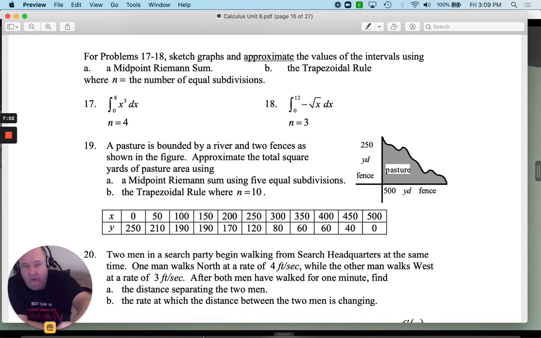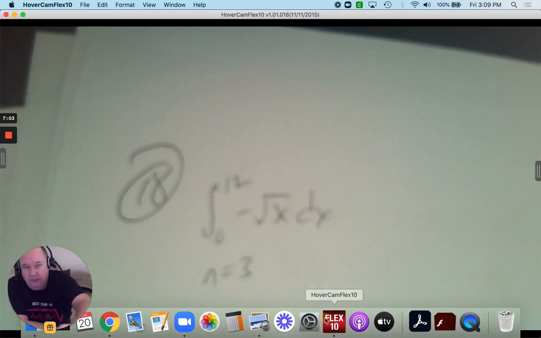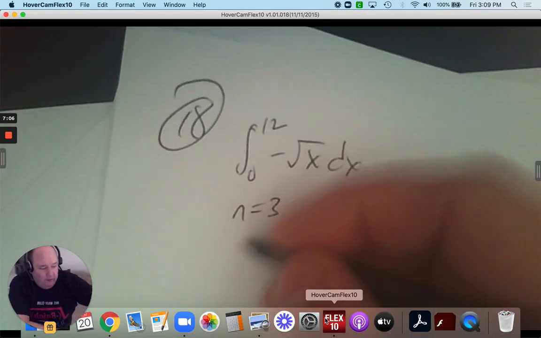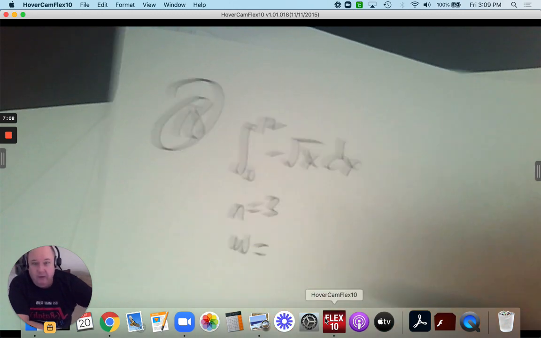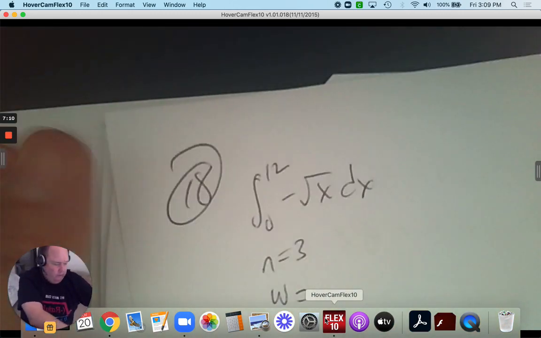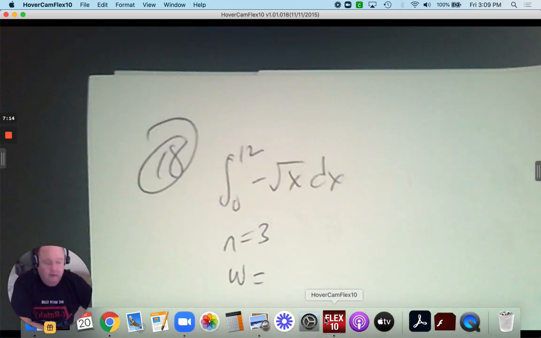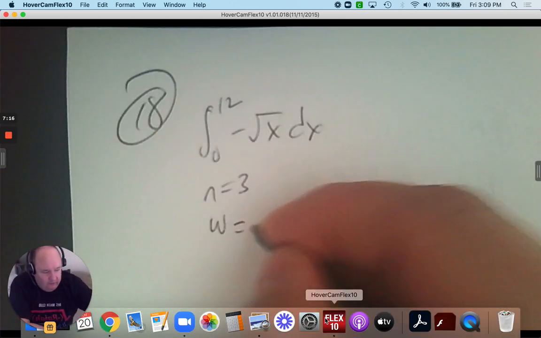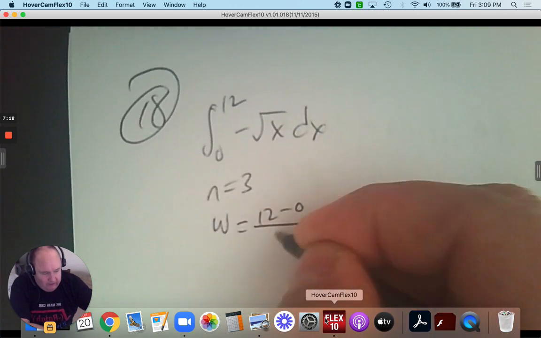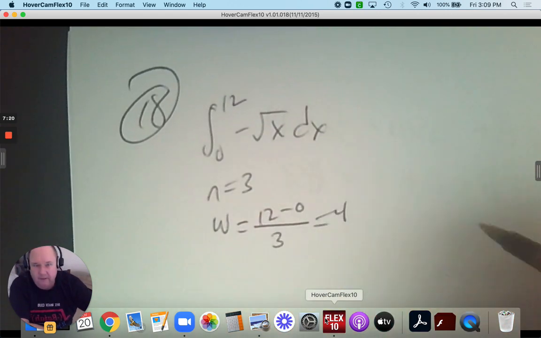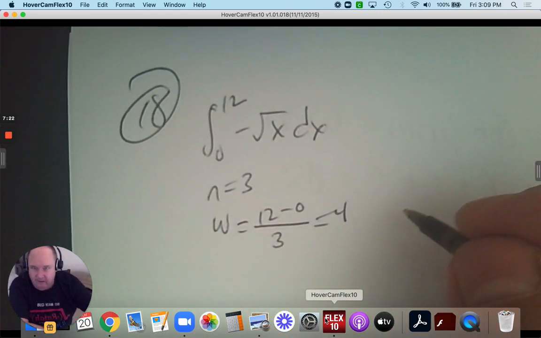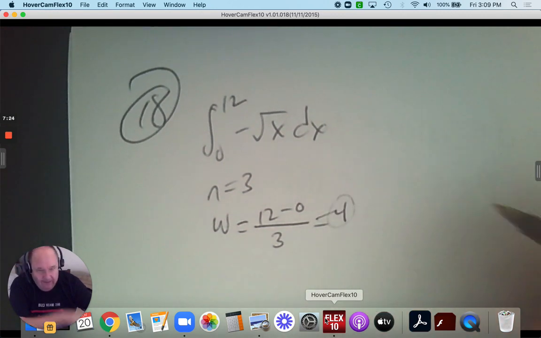And again, we're going to use a midpoint and a trapezoidal rule. So step 1 here is to write down what the width is. So to find the width, the top limit, subtract the bottom limit, divided by 3. So the width of each rectangle, or the width of each trapezoid, is 4.